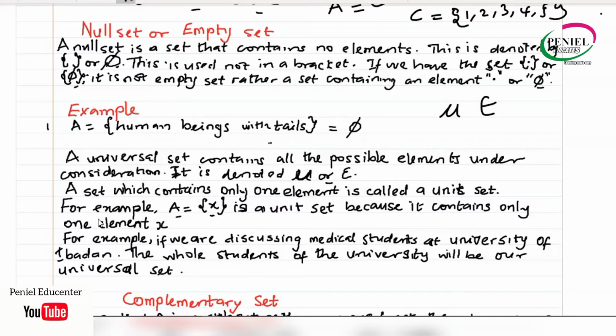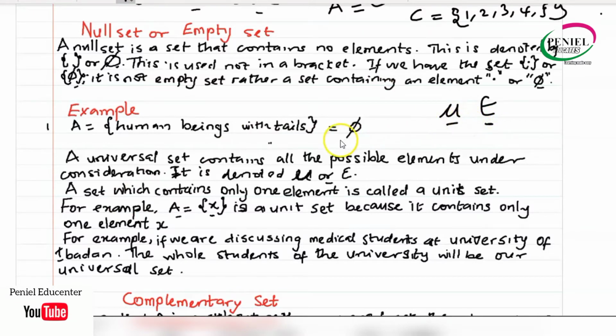That means it's a fixed or global set. So the universal set varies as our group of reference varies. And then, like I said, you can denote your universal set with this or this.